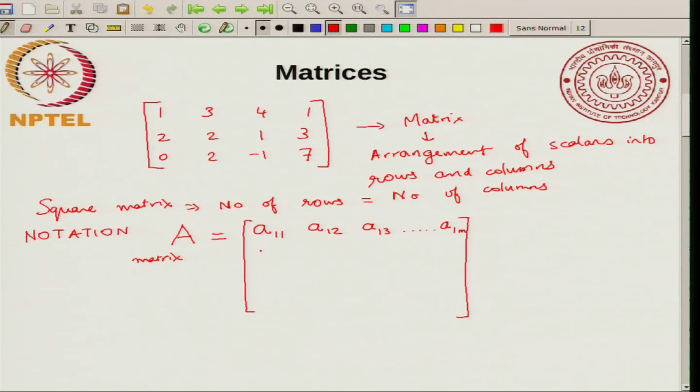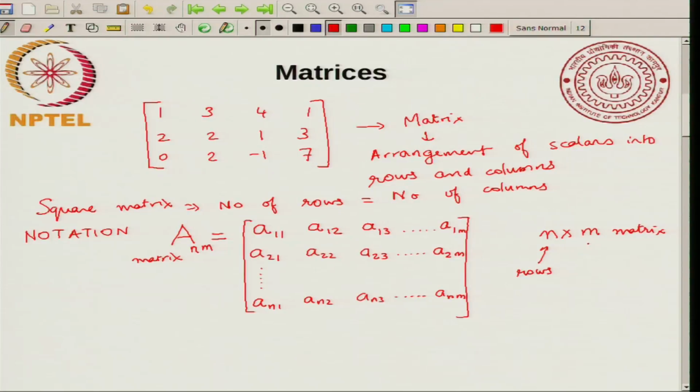The second row you start with a 2 1, a 2 2, a 2 3 up to a 2 m, and you go all the way to a n 1, a n 2, a n 3 all the way up to a n m. So, this matrix has n rows and m columns. So, we say this is an n by m matrix. This has n rows and m columns.